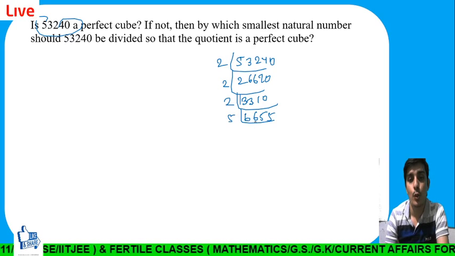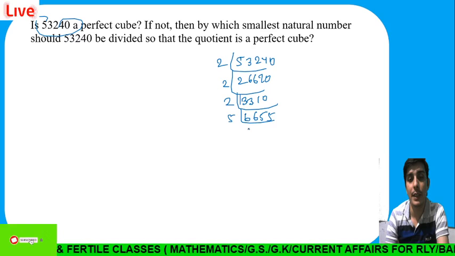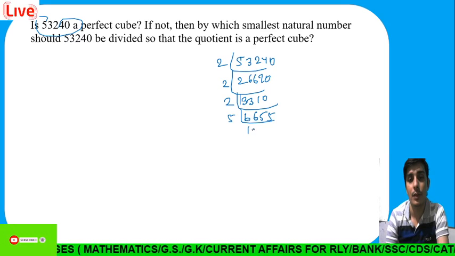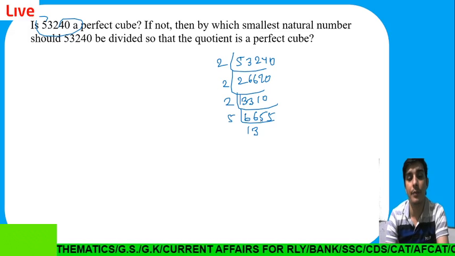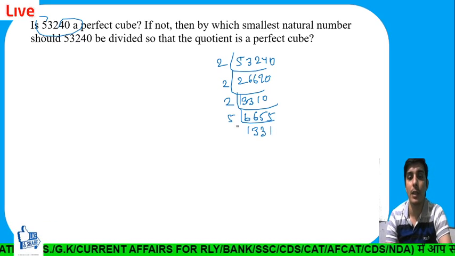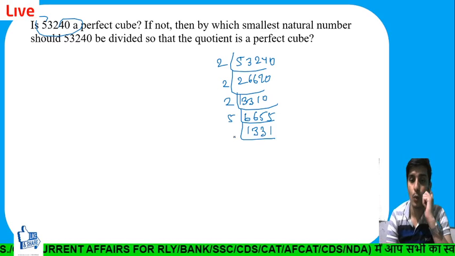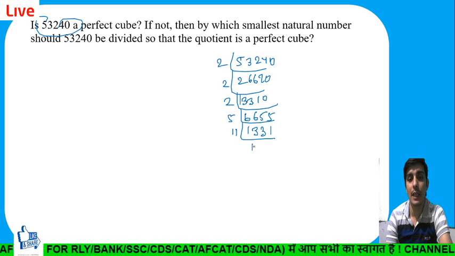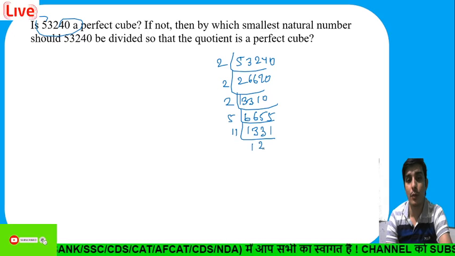By 5, we can write 5 ones are 5, and 5 threes are 15, and it will be 1. Now we can divide by 11. 11 ones are 11, and 11 twos are 22.